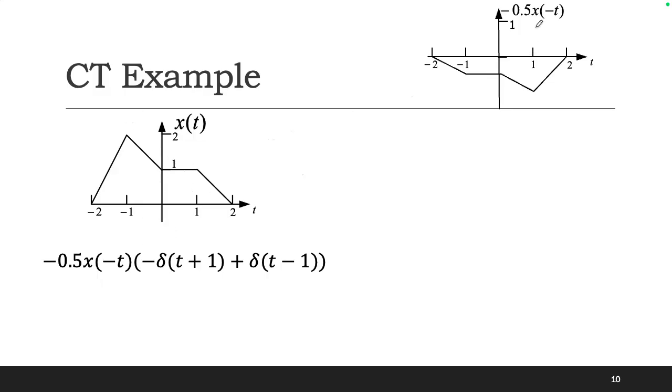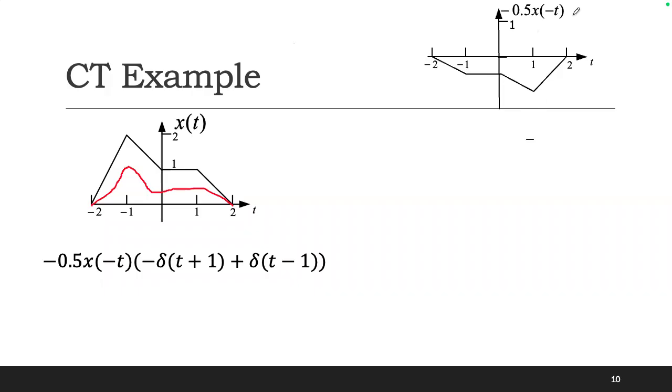And then here, this 0.5 is just like put it half. Does this make sense to you? And then here is a negative, which means it's just like flip based on the t. This is the -0.5x -t. Does it make sense to you?